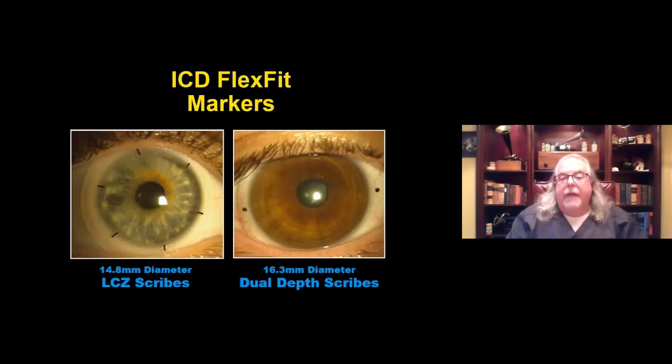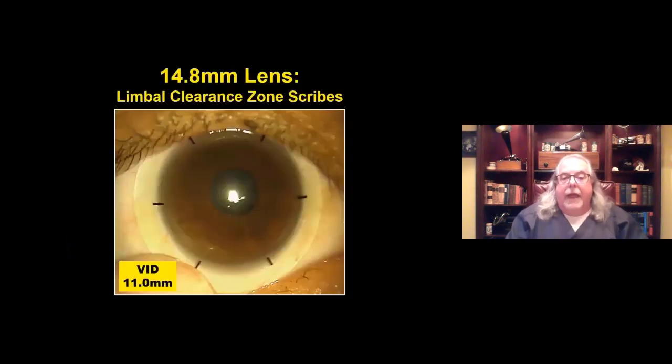And the 16.3, of course, has its markers along the flat meridian, and I'll explain that to you in just a few minutes. But here is a small diameter cornea, and you can see where the markers line up.